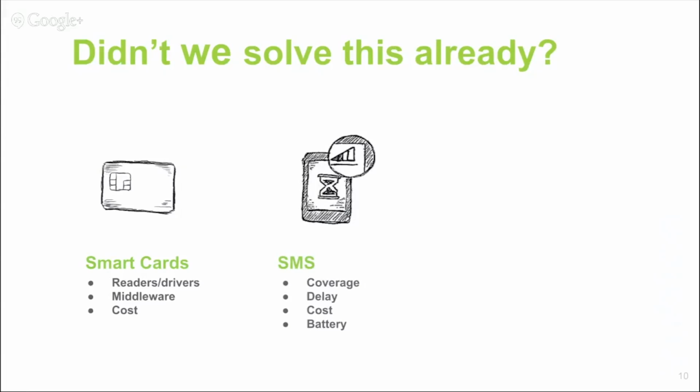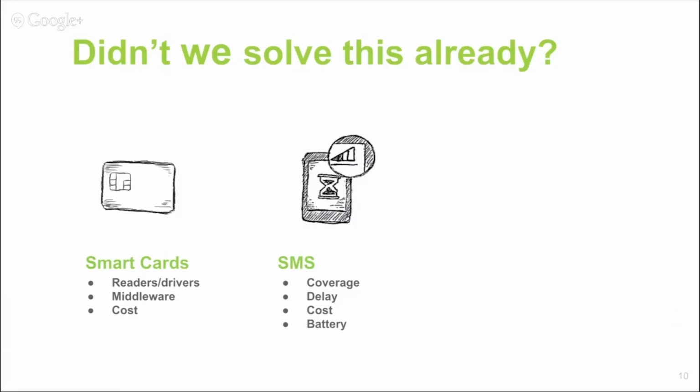We also have SMS, which works like an email loop, but an SMS loop. So you get a verification code sent to your phone. And since only you have the phone, it's 100% safe, secure. No, but seriously, there are a few problems there. There's coverage. What if you're abroad? What if you're not in Stockholm?